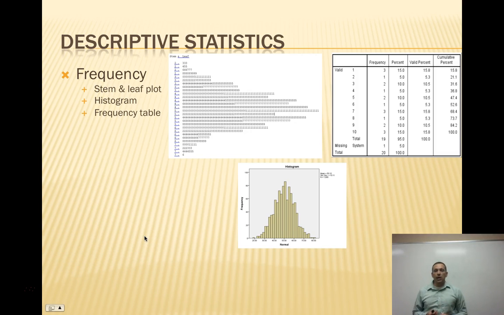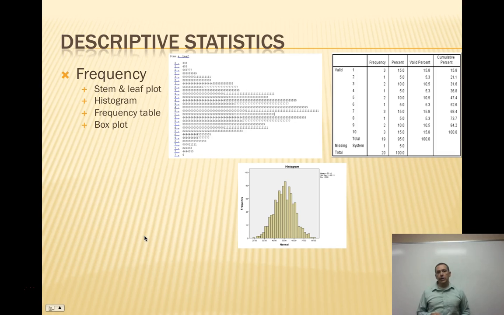So in our particular case, we had one participant who didn't provide a score, so it's missing. Therefore, all of the percentages take into account that missing. If you look at the valid percent column, it does not count missing. So depending on which you want to report, generally speaking, we tend to report valid percentages within our research, but that's not always the case. You can see what people report there. But that is the frequency table.